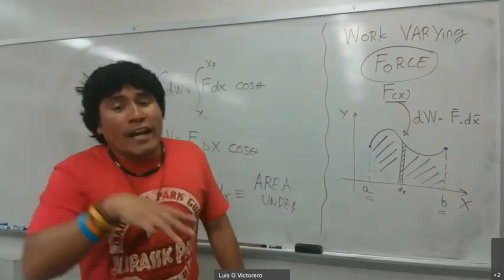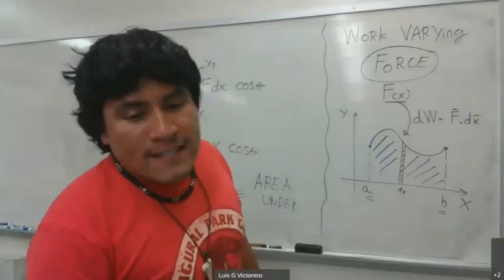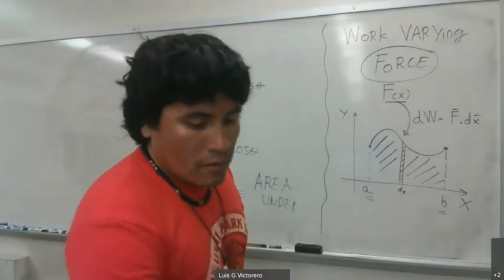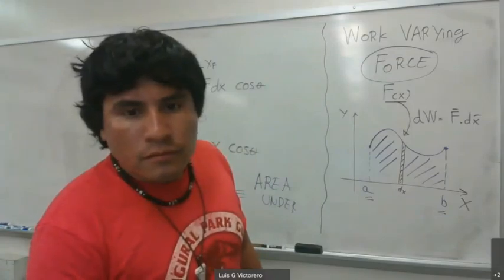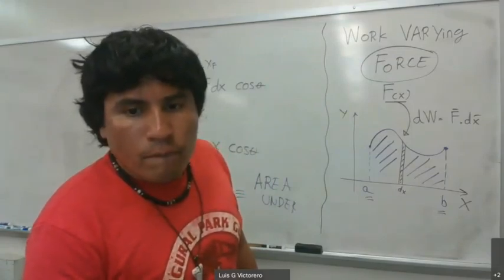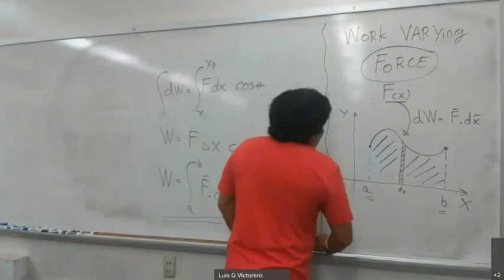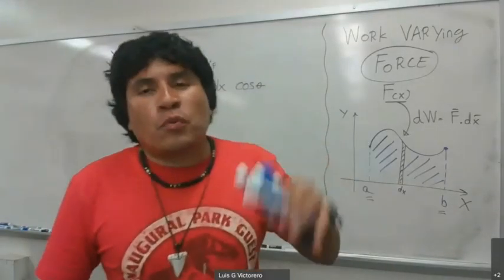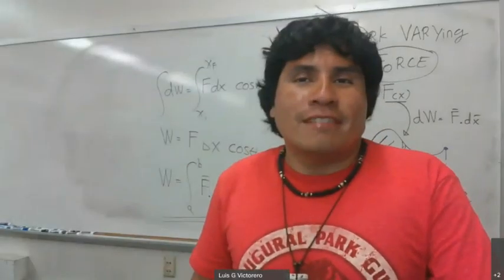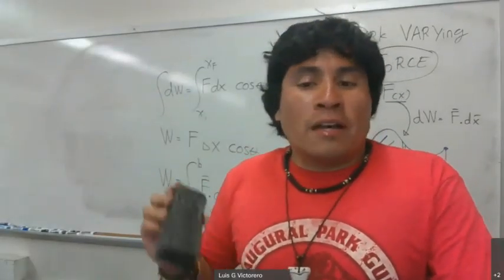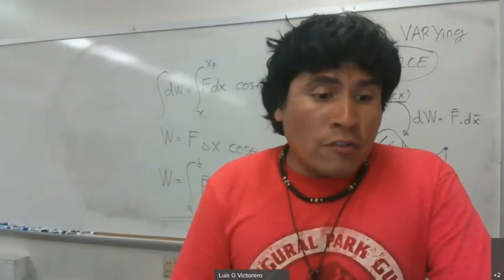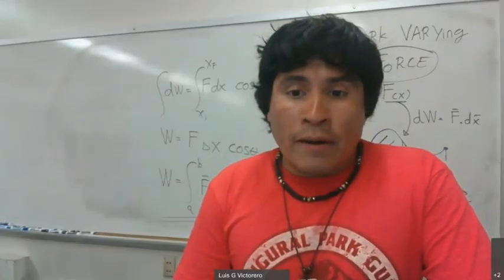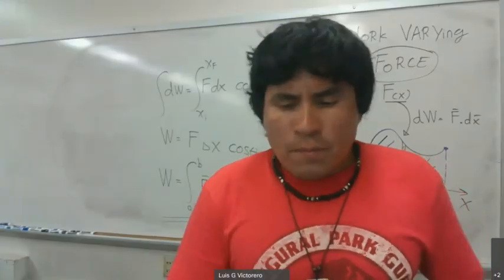So you can get a problem, and there is one in the assignment, like the one I'm going to give right now. I'm going to give you a force versus displacement or force versus position graph, and you need to find the work done by the force. Of course, this force will be a varying force. So it's a pretty easy example.